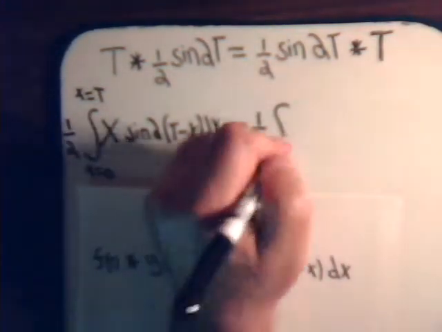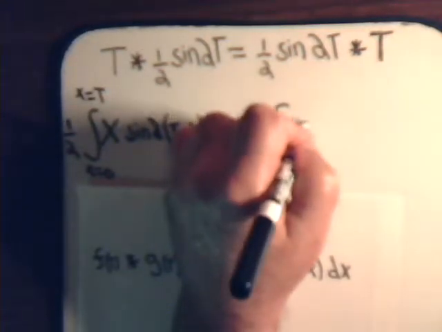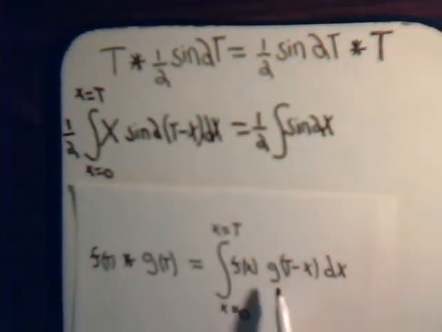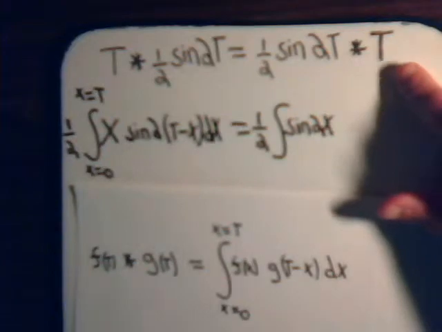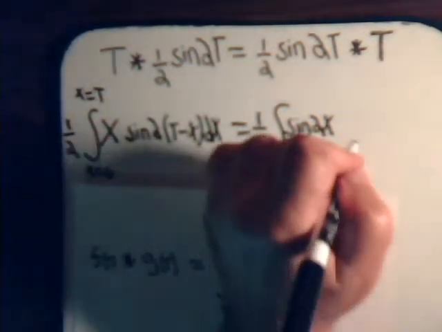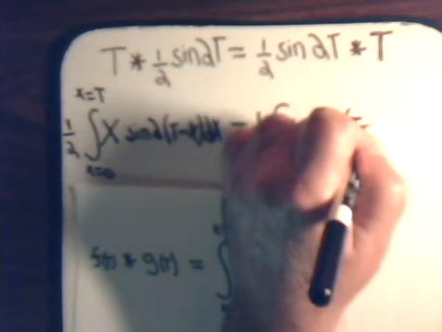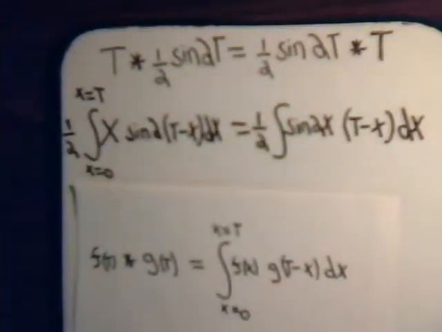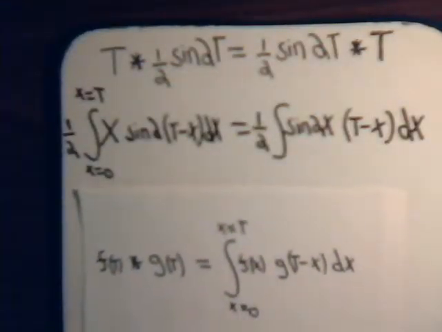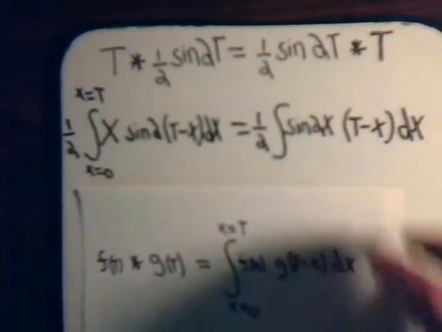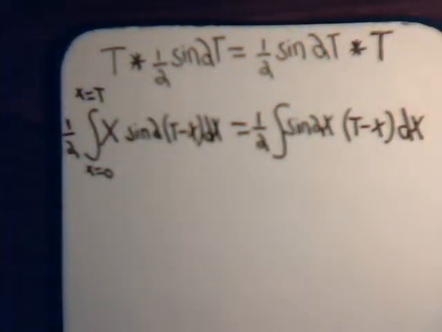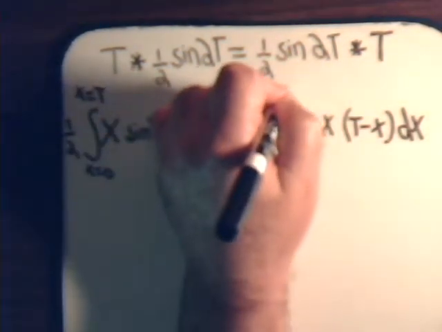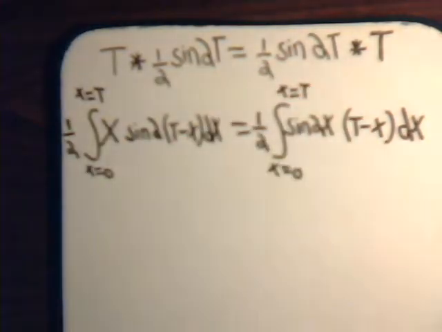So instead of the sine of 2t, that's the sine of 2x. g of t becomes g of t minus x. g of t here is just t, so this is going to be t minus x dx. Again, that's just blindly following our definition. And the limits are x equals 0 to x equals t.